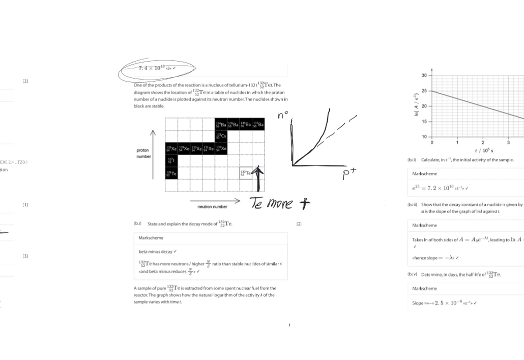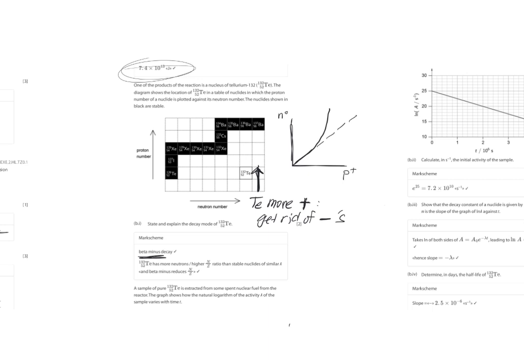And if we want something to become more positive, we get rid of negatives. And so this says, state and explain the decay mode of tellurium-132. It is beta minus decay. And their explanation is that tellurium-132 has more neutrons, has a higher N to Z ratio than stable nuclides, and so beta minus will reduce that ratio. So there we go. Then, that's B1.